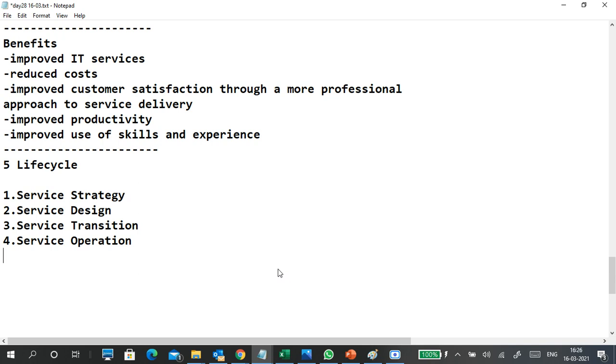Fourth one is service operations. Fifth one is continual service improvement.